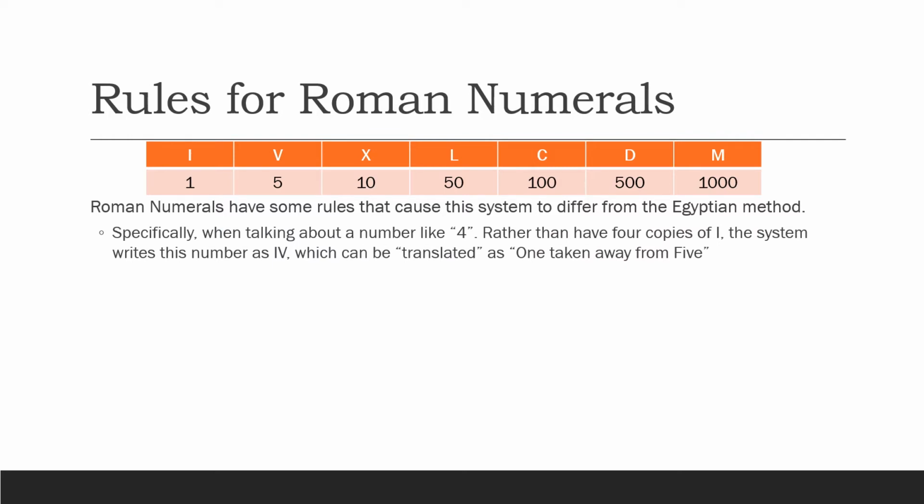This system has some specific rules that make it different. Specifically, when you're talking about Roman numerals, there's a big insistence on avoiding having 4 of the same symbol in a row, because it looks unwieldy, so instead we write it in a different way.